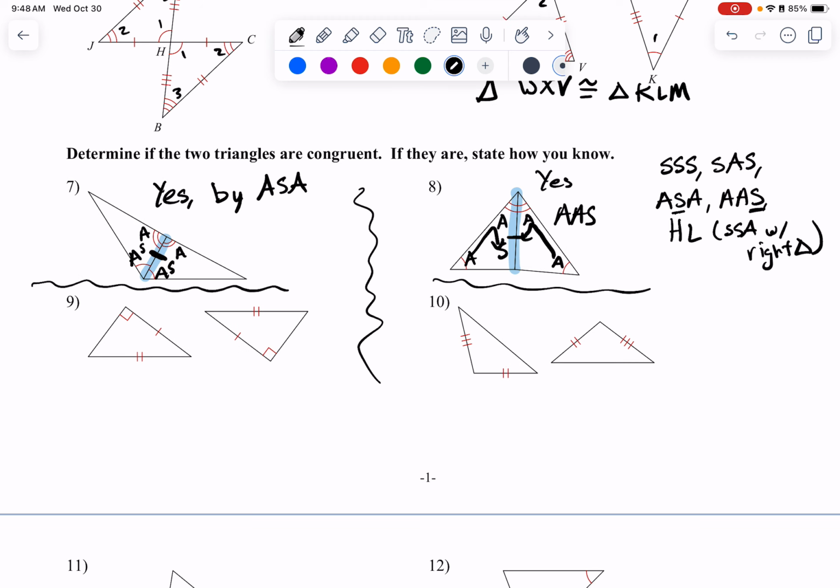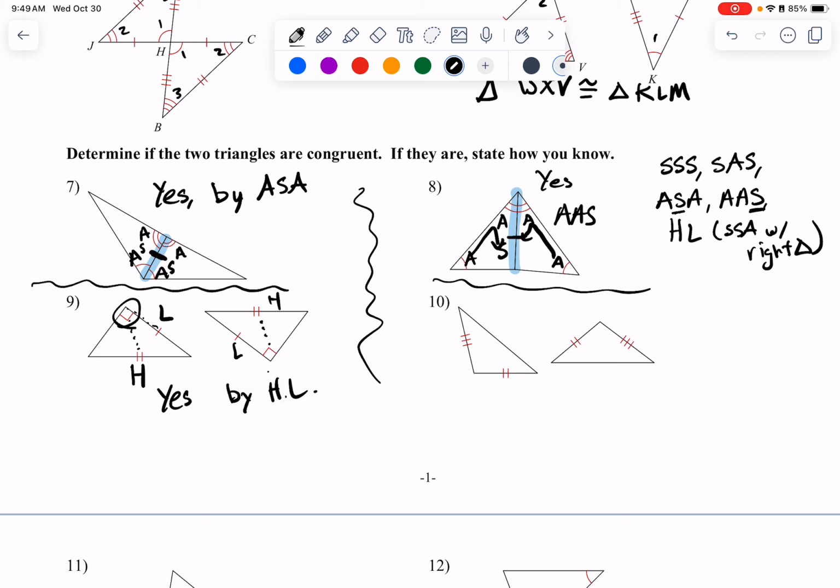All right, for this next one, I see that it's a right triangle, and I see that I have the hypotenuse, which is across from the right angle, and I have a leg, which is adjacent to the right angle. And similarly, I have a right triangle with a hypotenuse and a leg. So this is yes by hypotenuse and leg.